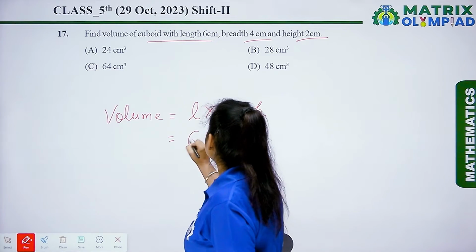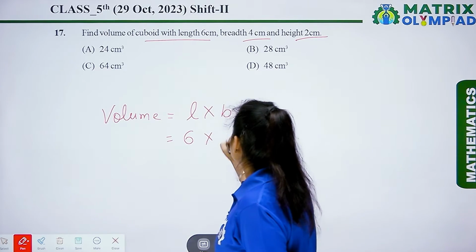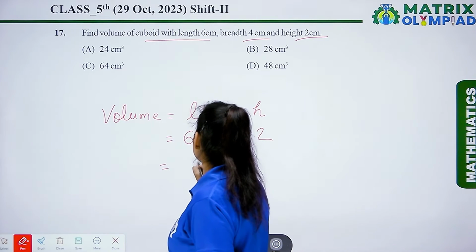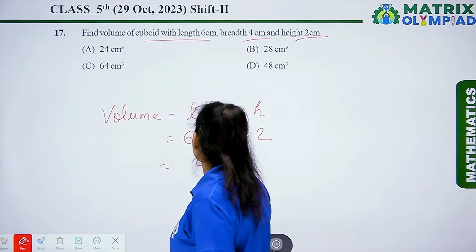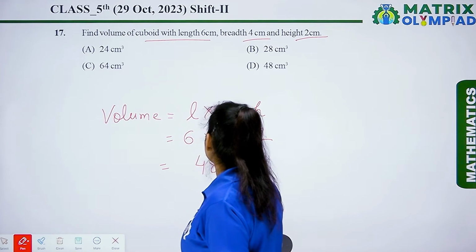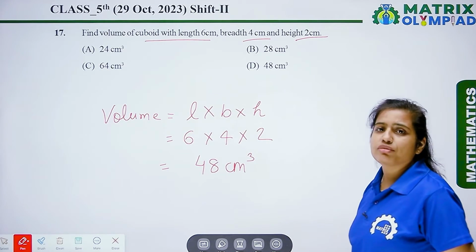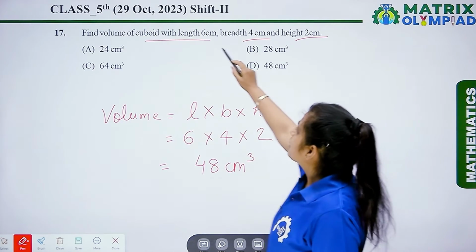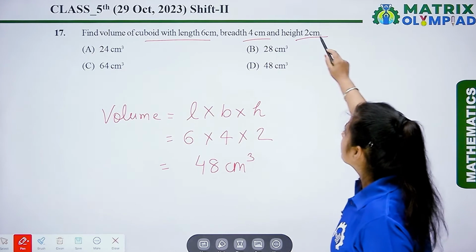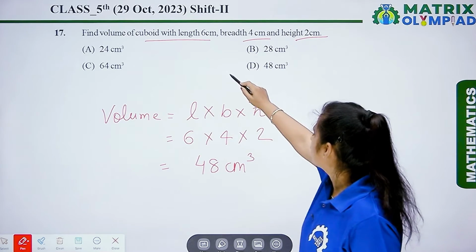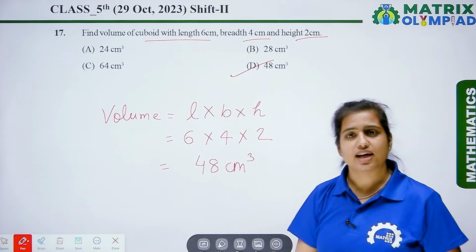Let's put the value. 6 multiplied by 4 multiplied by 2. So after calculation, we get 48 centimeter cube. So the volume of the cuboid with the length 6 cm, breadth 4 cm and height 2 cm is 48 cm cube. So here option D is the correct answer.